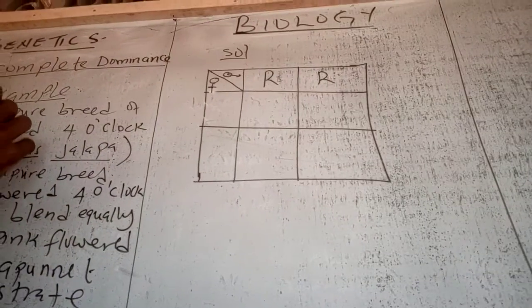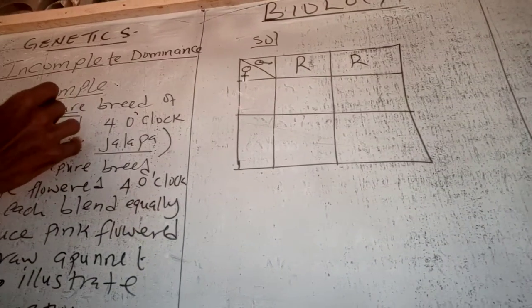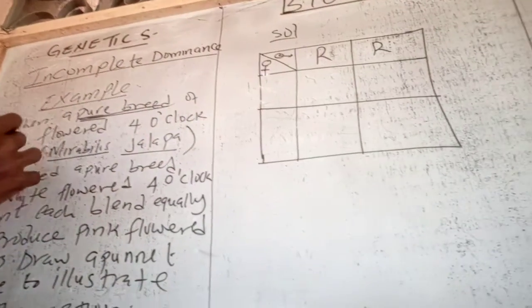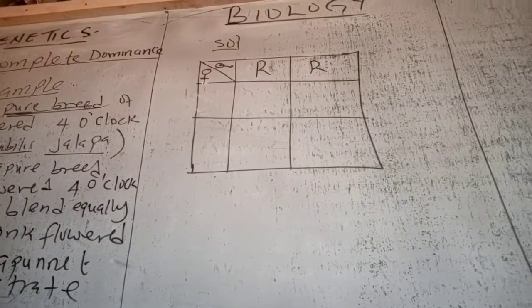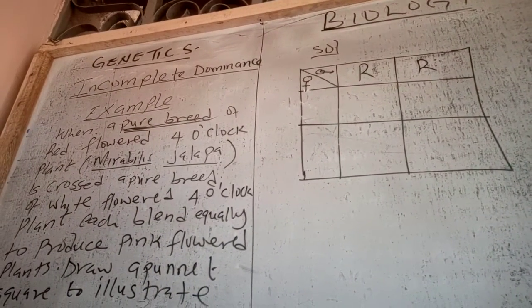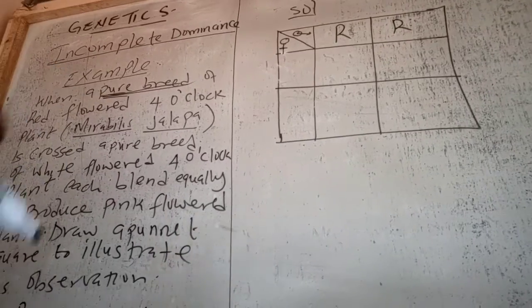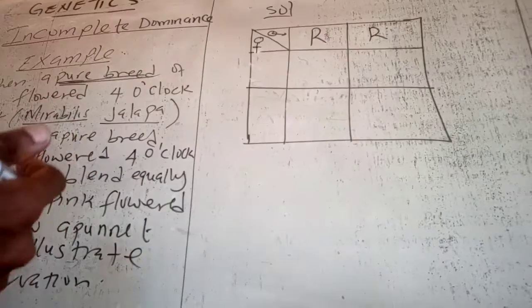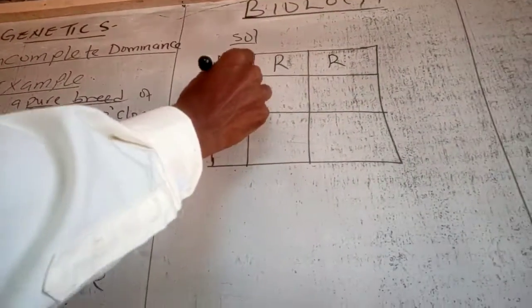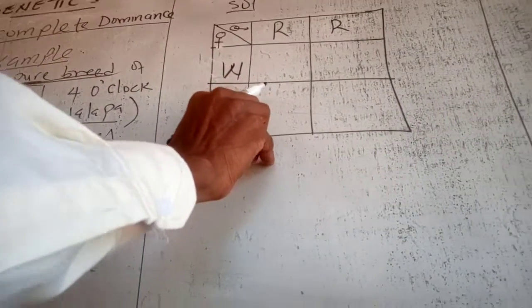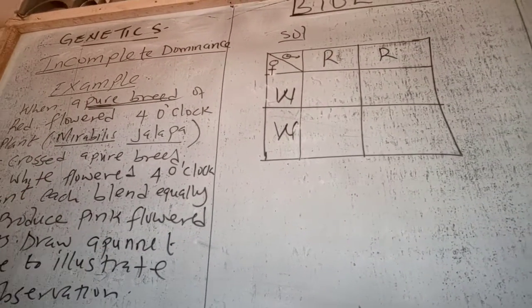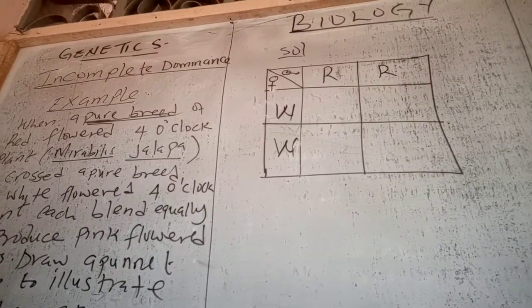Because it was a pure breed, meaning there were 2 identical dominant genes represented by letter R. In the second case, we also have 2 dominant genes, the allelic gene made up of 2 identical genes represented by W.